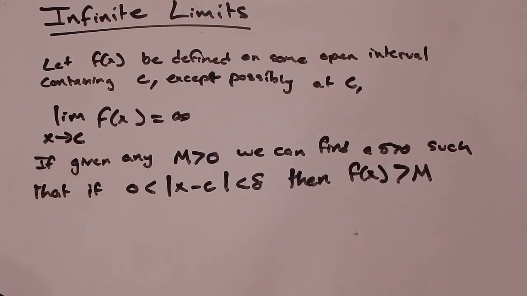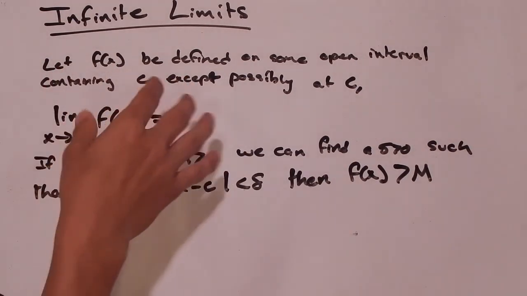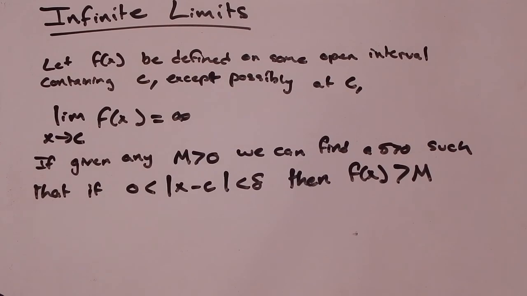So we're going to go ahead and look at the definition of an infinite limit. It is defined as: let f of x be defined on some open interval containing c, except possibly at c. Very similar to that epsilon delta definition.